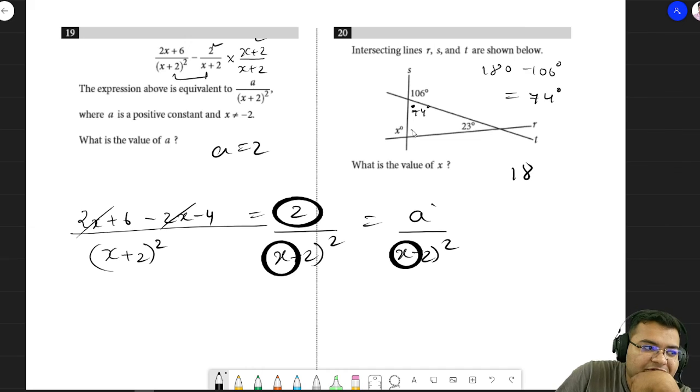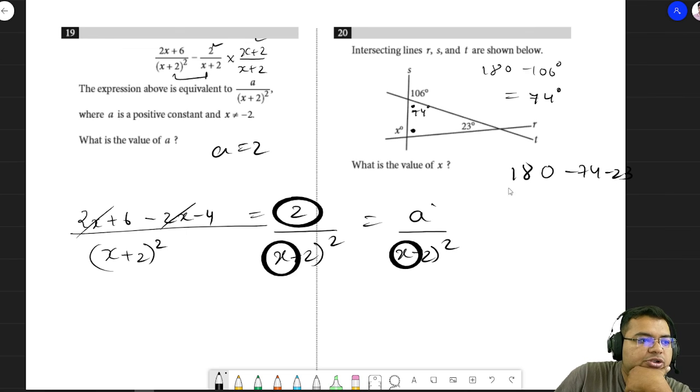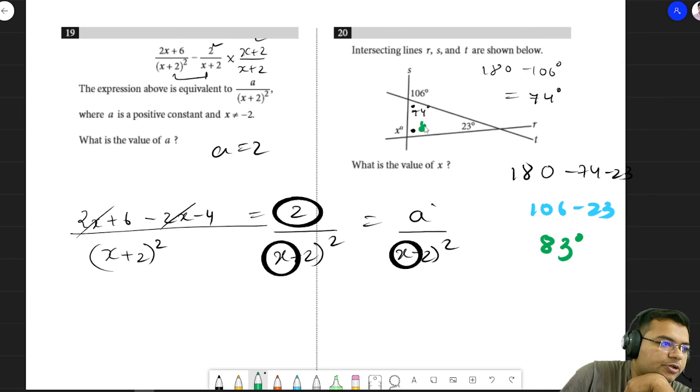If I want to find this angle of the triangle, I can write 180 minus 74 minus 23. So 180 minus 74 is 106, minus 23. Okay. So it will be equals to how much? 83 degrees.